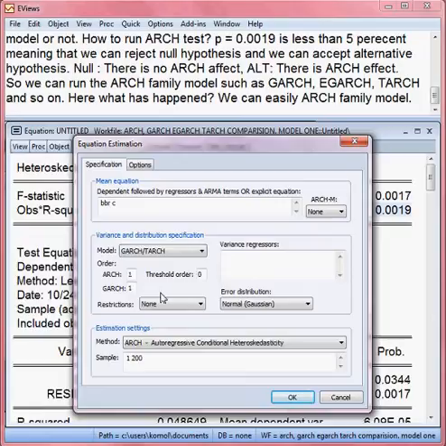Okay, so suppose first I run what model? First I run ARCH 5 model, meaning that I make GARCH 0 here, and ARCH I make 5, right? That means 5 ARCH and 0 GARCH, and I choose normal distribution.